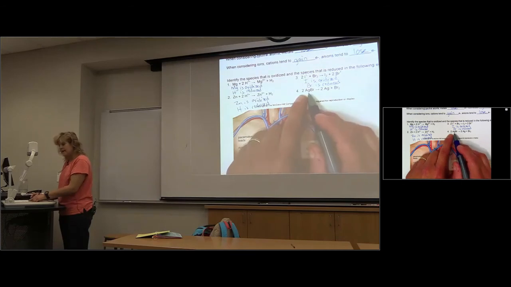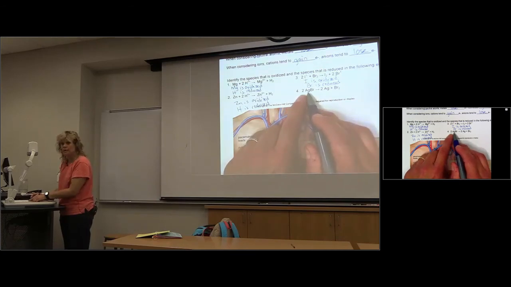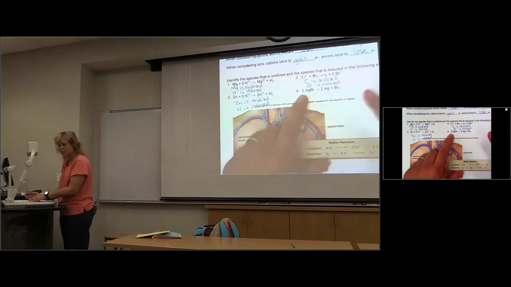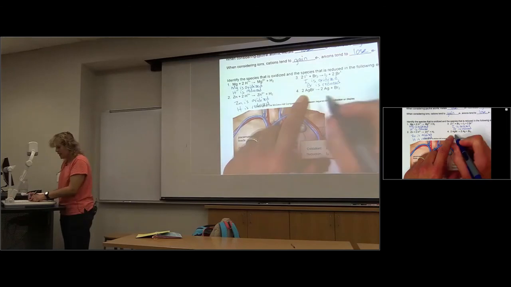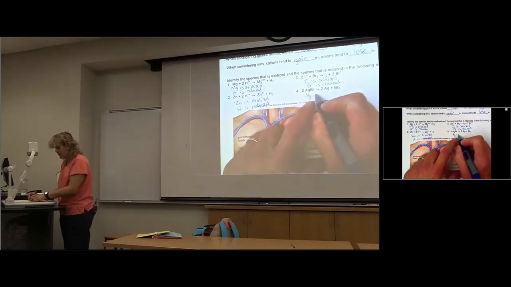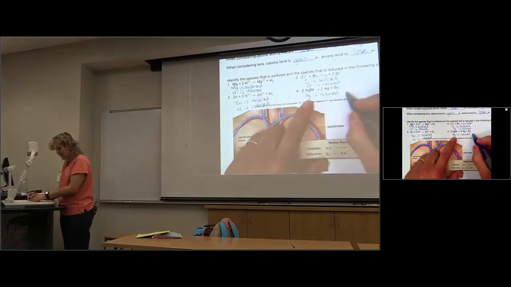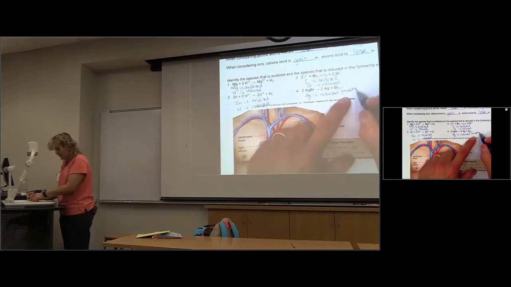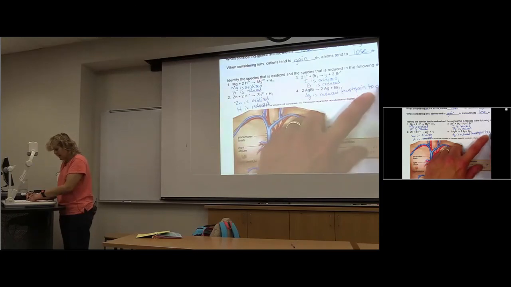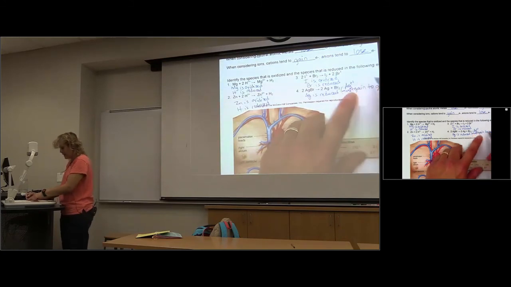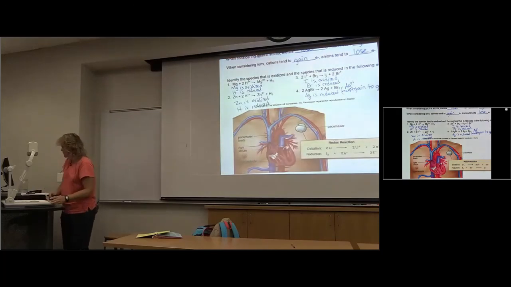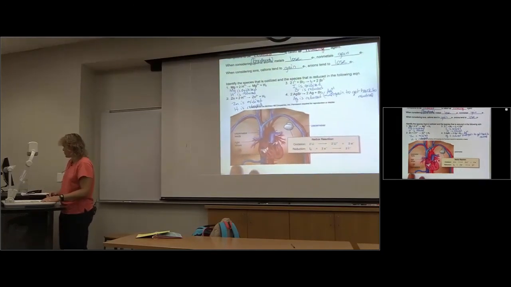Think about it for a minute. If it already had lost one to be +1, then doesn't it have to gain it back to become neutral? So that means silver is reduced because it has to gain. I'm going to write that for you. Must gain to get back to neutral. Ag+1 must gain to get back to neutral.